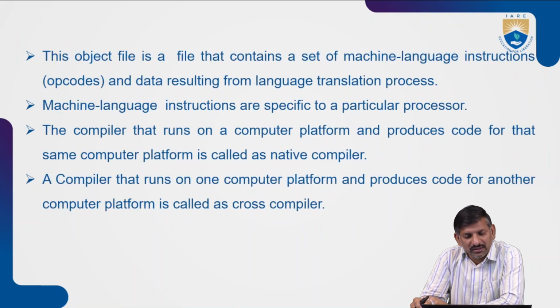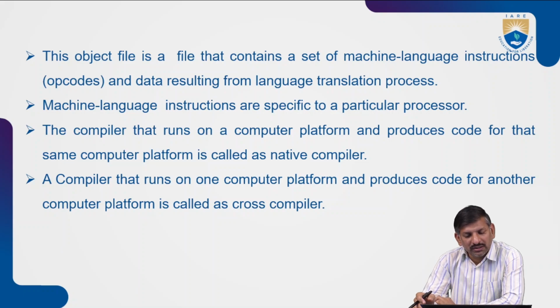The object file is a file that contains a set of machine language instructions and data resulting from the language translation process. Machine language instructions are specific to the particular processor. 8086 instructions are different. 8051 instructions are different.